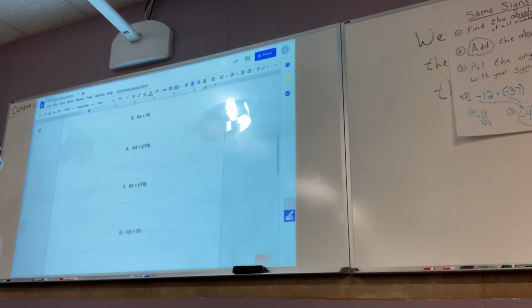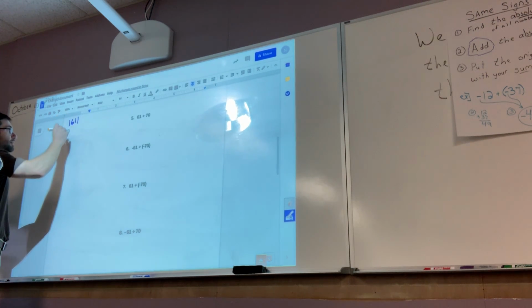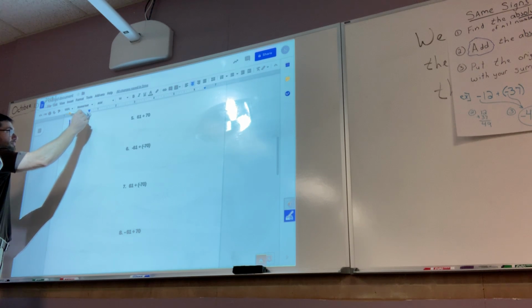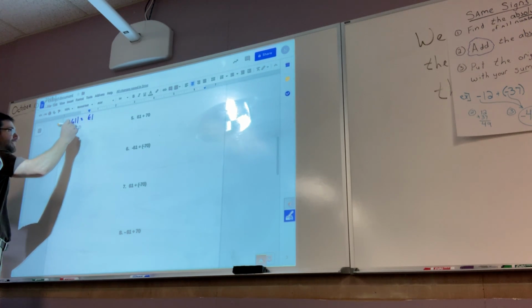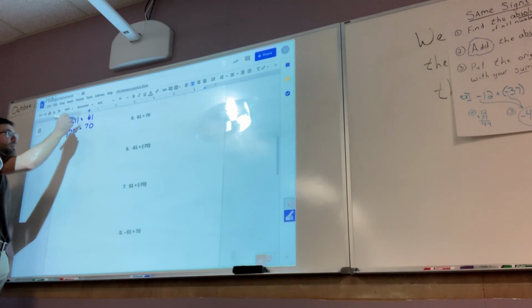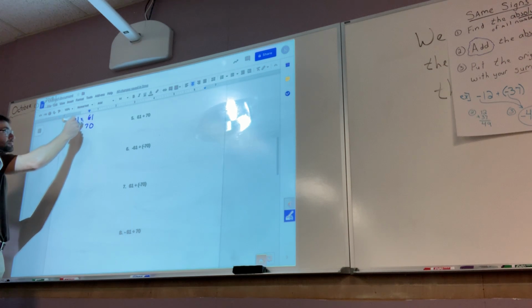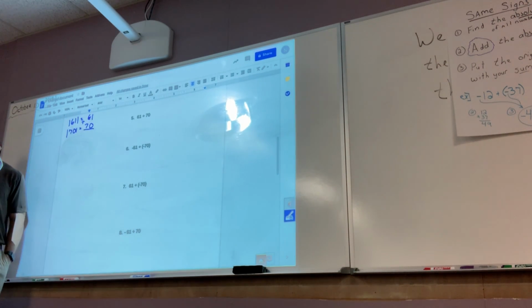Okay, Garrison. Using the steps, speak mathematically to me. Can you walk me through number 5? You find the absolute value of 61 and 70, which gives me 61 and 70. So both positive numbers still give me positives. And since you are adding ones with the same sign, you would add.